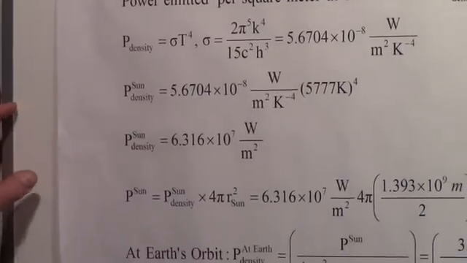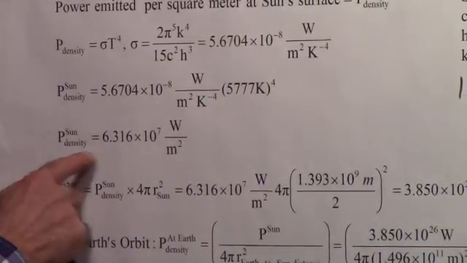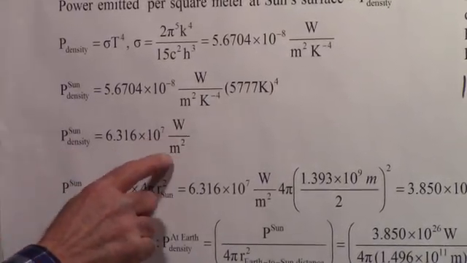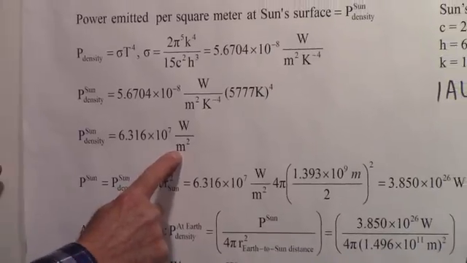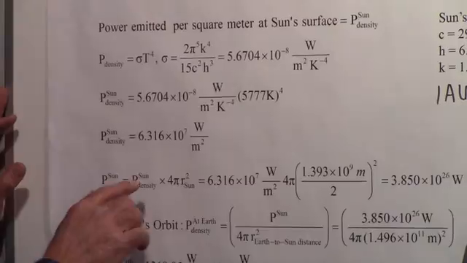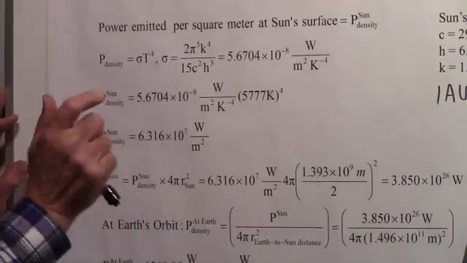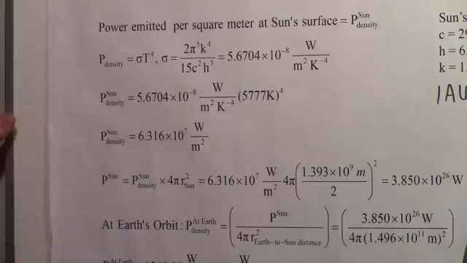Now, this power density means every square meter on the sun's surface is emitting this many watts, a tremendous amount of watts, 6.3 roughly times 10 to the 7th watts per every square meter on the sun's surface.